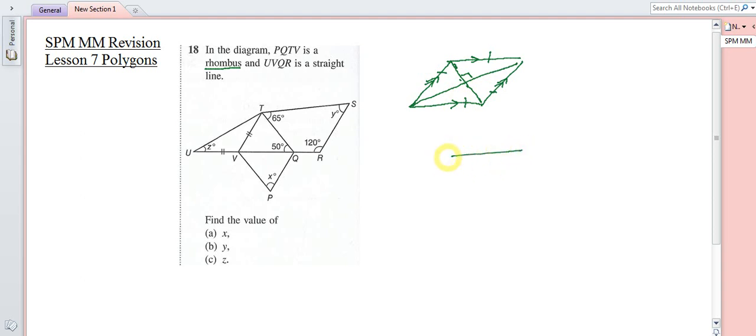Another one is the angle. You have a rhombus, so this angle plus this angle will be equal to 180. Why? Because, if I extend the line, let me extend the line.